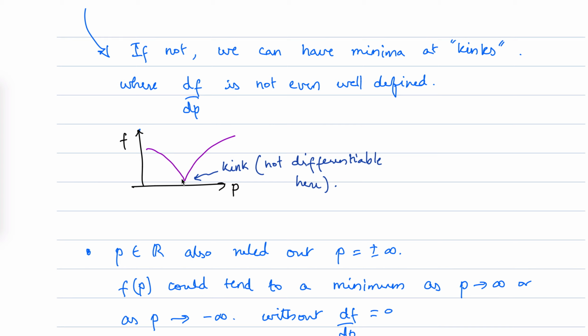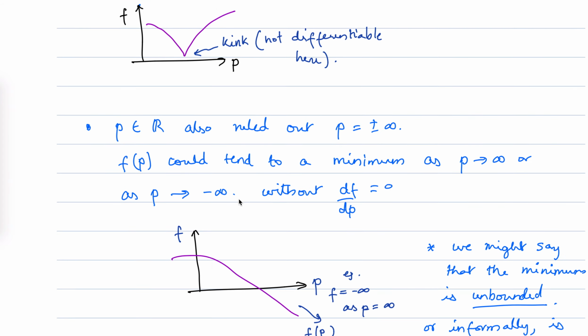The right and the left limits of the derivative are defined, but the derivative itself was not defined at that point. And then the minimum is at this point where the function is not differentiable. It's a kink in the function, right? Okay, so I'll just leave it at that.